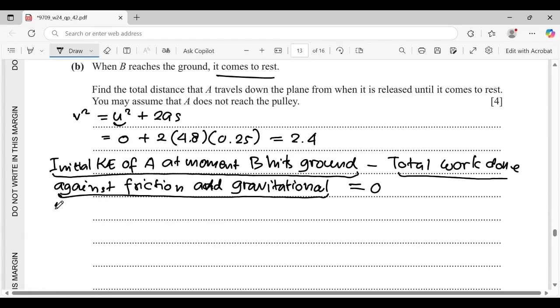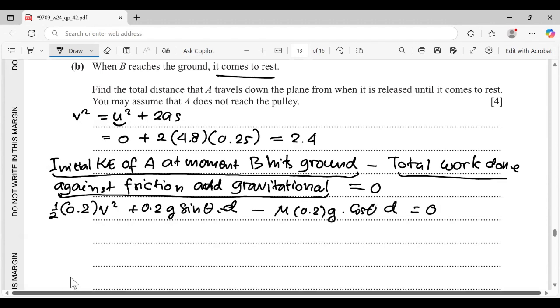So now I write the formula: 1/2 times 0.2 times v squared, plus 0.2 times g sine theta times d, minus the total work done against friction, mu times 0.2 times g cosine theta times d, equals 0.